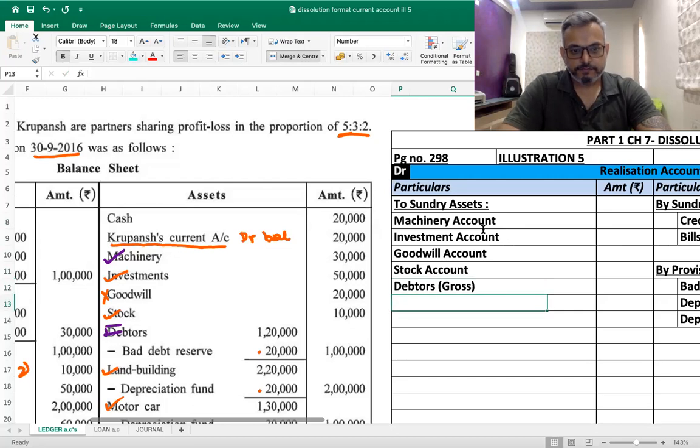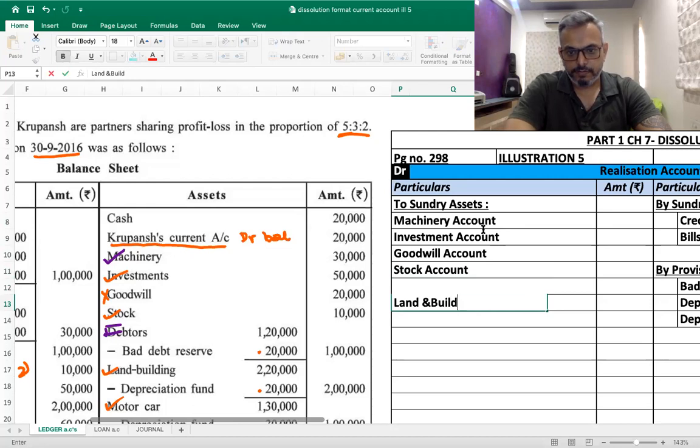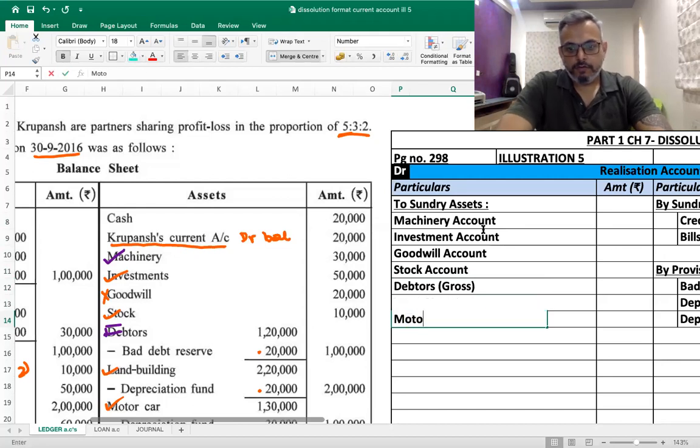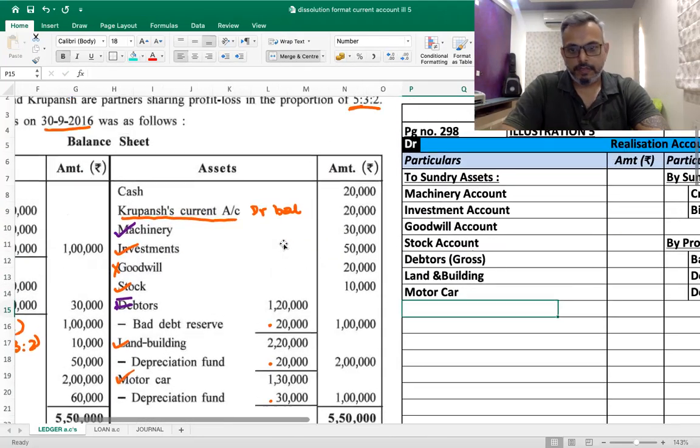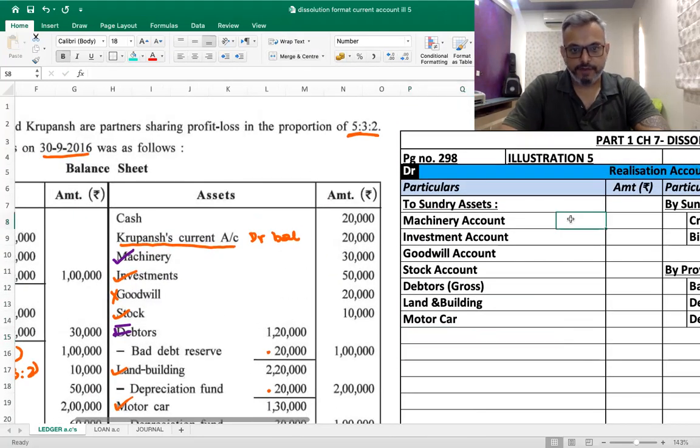Debtors, land and building, motor car, that's it. So write the amount, respective amount.